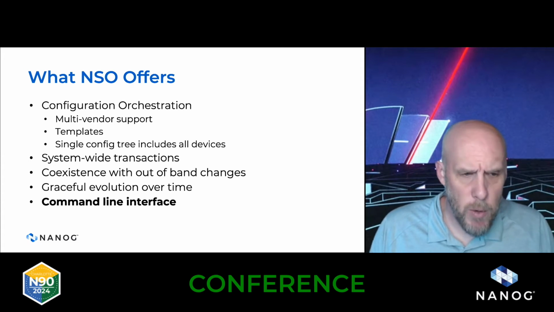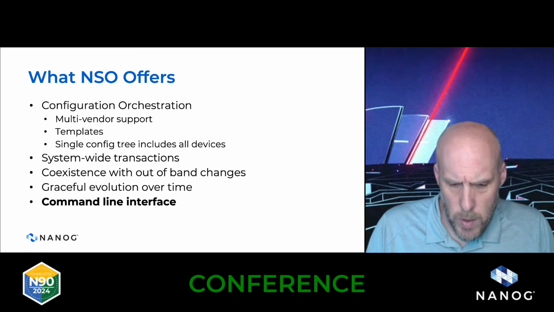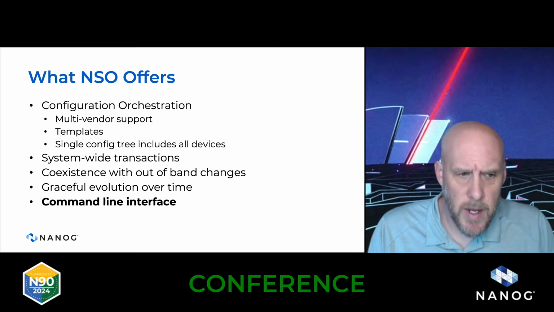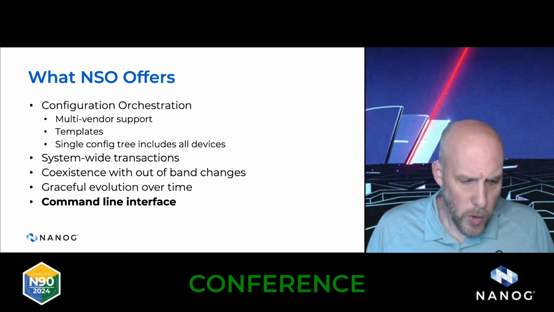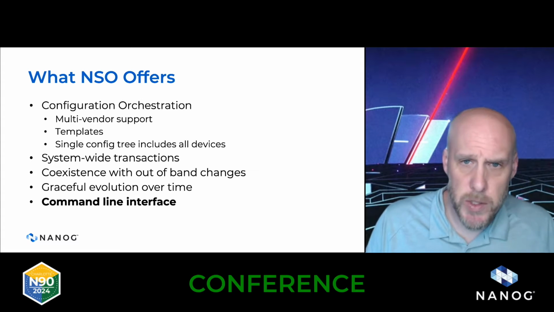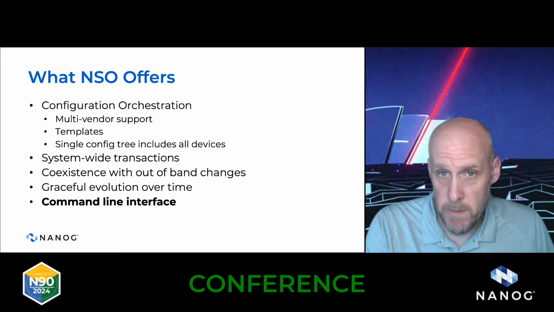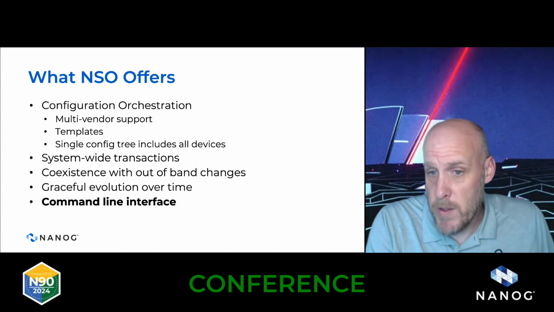And the primary one for us, and this was huge, a primary factor in deciding on NSO, was the command line interface. We were going from a system where we had almost no automation, at least from the engineer's perspective, other than the tools they might have used themselves.